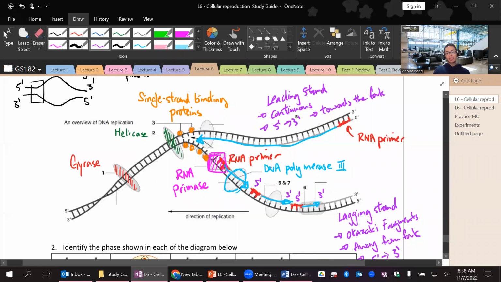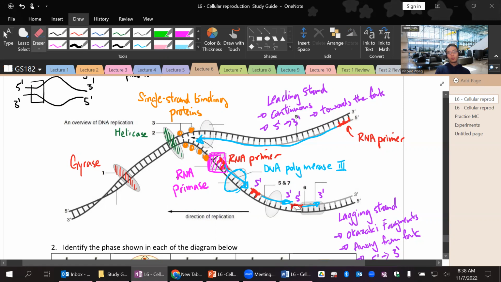What's not shown in this picture is what happens as the DNA polymerase 3 approaches the primer. So I mentioned this in class, right? Number 3 will fall off when it gets to the primer, and then the DNA polymerase 1 will take over.